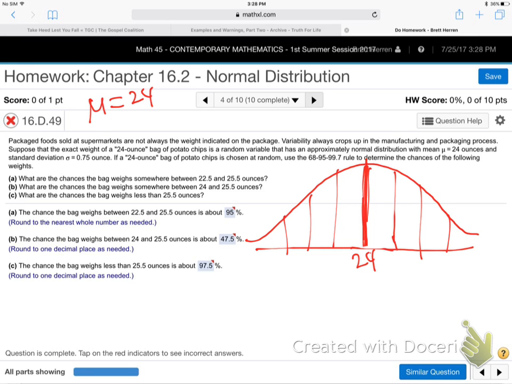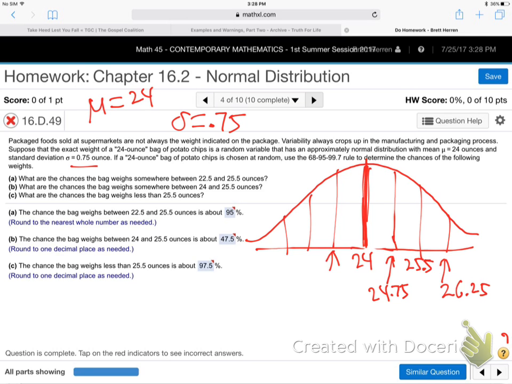So that's a 24. And then how much is the jump? 0.75. So the sigma is 0.75. So that means this is 24.75. This is 25.5. And this is 0.75 more, so 26.25.